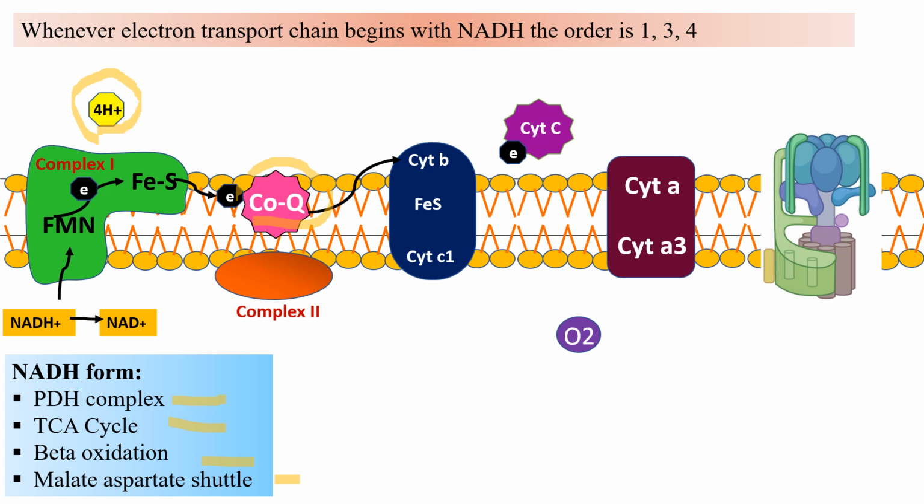So electrons are transferred to cytochrome B. Then cytochrome B donates the electrons to the FeS center, and then FeS to cytochrome C1.